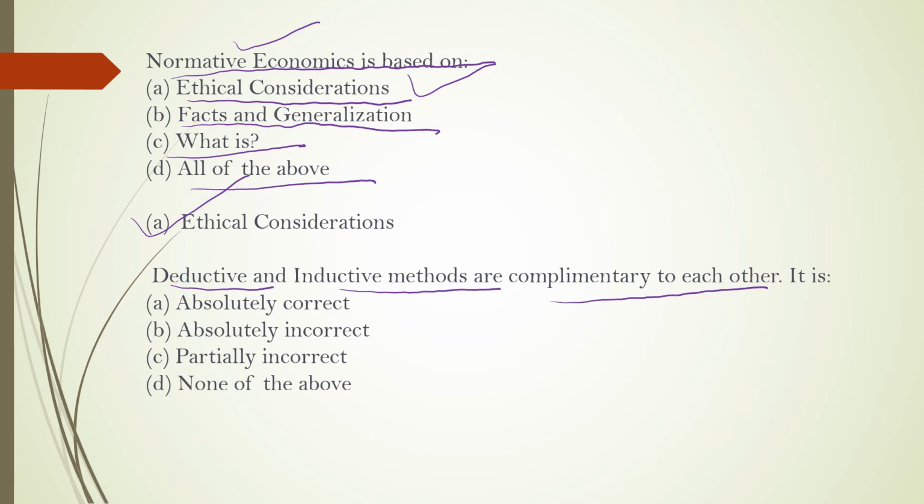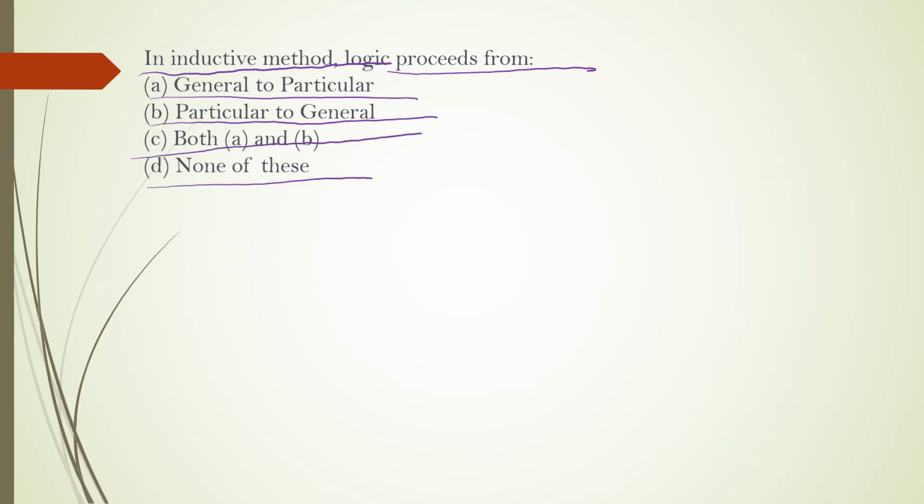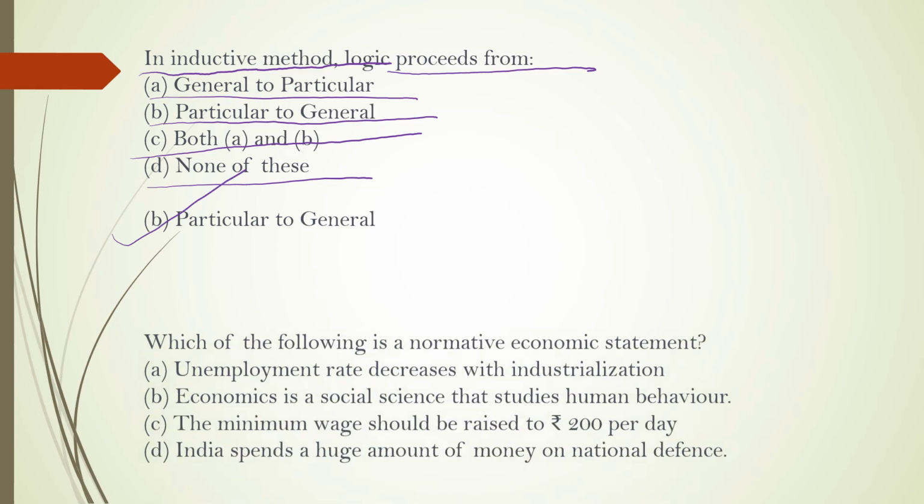Partially incorrect? None of the above. Absolutely correct. Both deductive and inductive are complementary to each other. In an inductive method, logic proceeds from general to particular, particular to general, both A and B, none of this. In inductive method, logic proceeds from individual to social or particular to general. So right answer is particular to general.